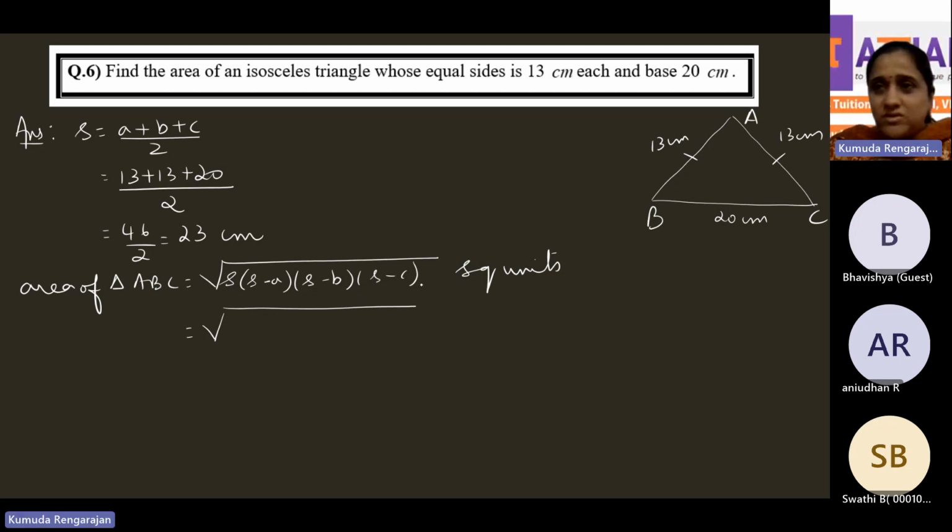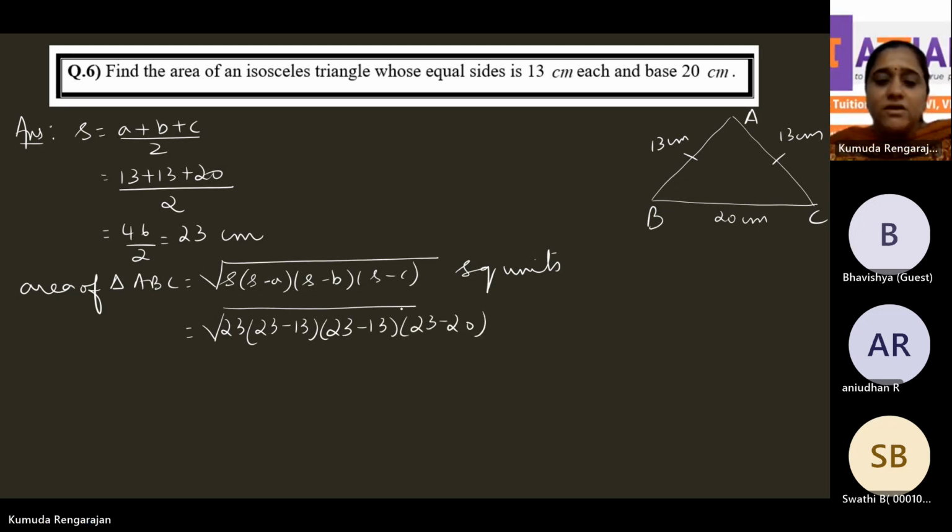So now this is the formula. You should write area of triangle ABC is equal to, and write the formula. That's the first step. Then what should you do? Under the square root, you must substitute the values, right? So you will write 23 into 23 minus 13, 23 minus 13 again, and 23 minus 20. Correct?